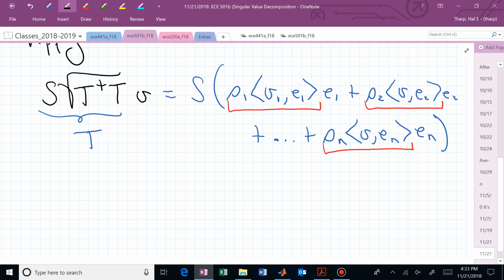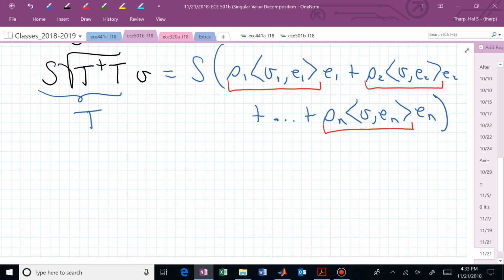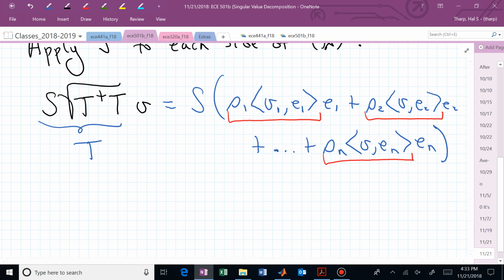We can now use that to select a new basis. S, remember, is simply a rotation, and E1, E2, En is an orthonormal basis. If we apply an isometry to an orthonormal basis, we get an orthonormal basis back.